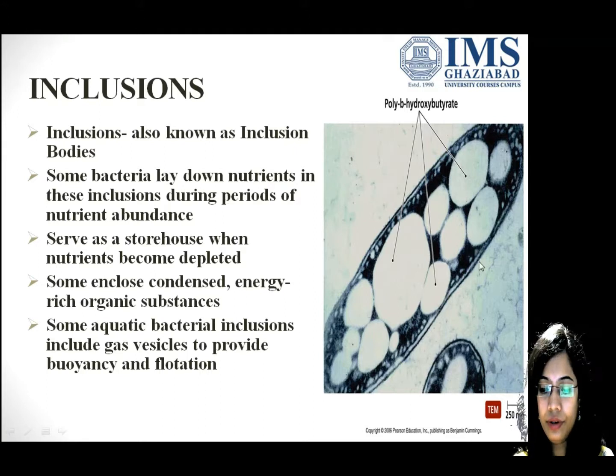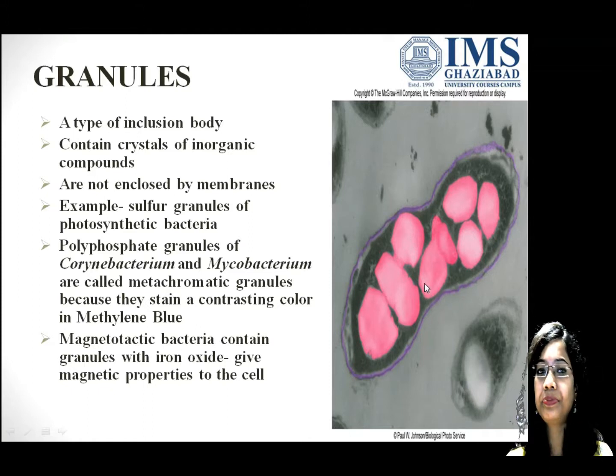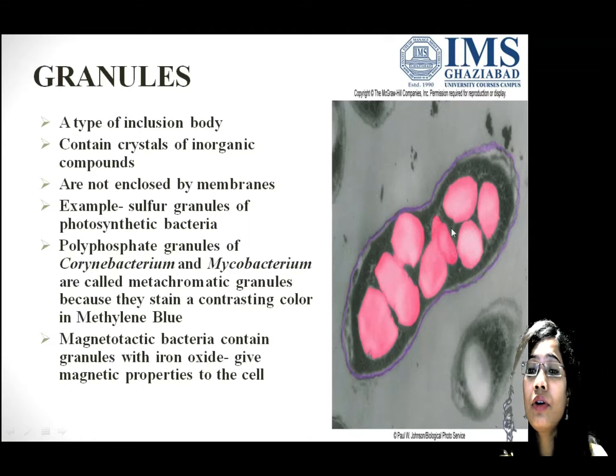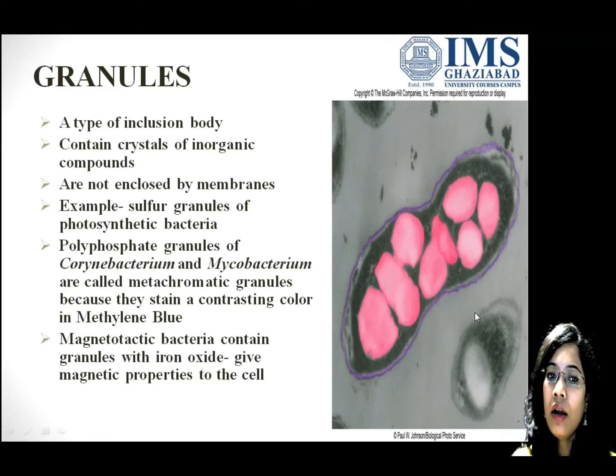Next come granules. Granules are also a type of inclusion body, containing crystals of inorganic compounds, and these are not enclosed by any kind of membrane. Example: sulfur granules of photosynthetic bacteria.